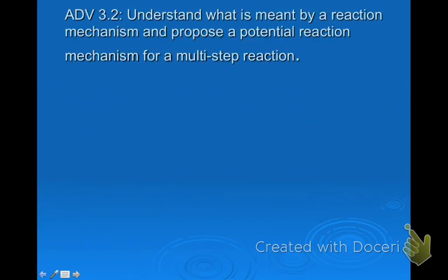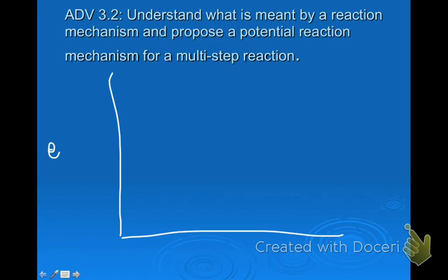We talked about activation energy in the previous notes, but every reaction has a transition state, which we identified as the highest energy spot on the pathway between reactants and products. So if I'm going to have energy on my y-axis and reaction progress on the x-axis, we'll use the last mechanism that we just looked at for an example.